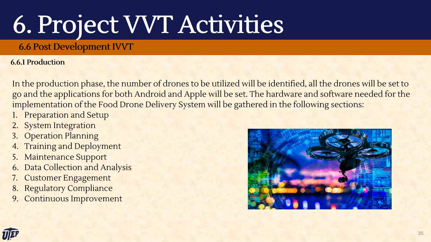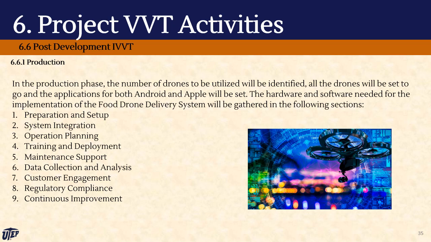Also the coordination with local authorities and regulatory bodies for necessary approvals and permits, including also the FAA for compliance. Training and development, which includes training of the operators and maintenance personnel.